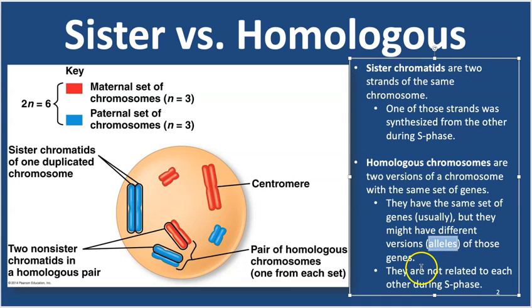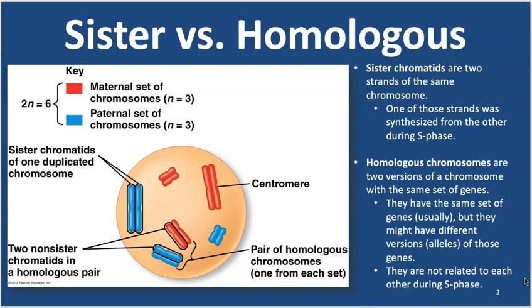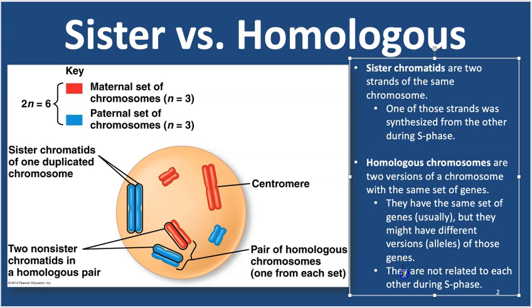So homologous chromosomes are not related to each other during S phase. One homologous chromosome is not synthesized from the other, whereas with sister chromatids, that is the case.